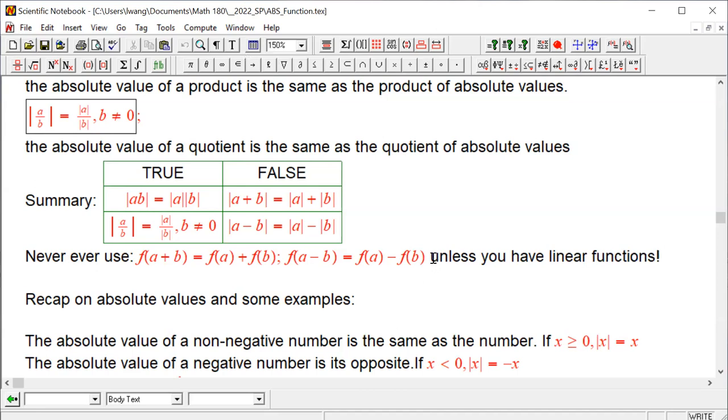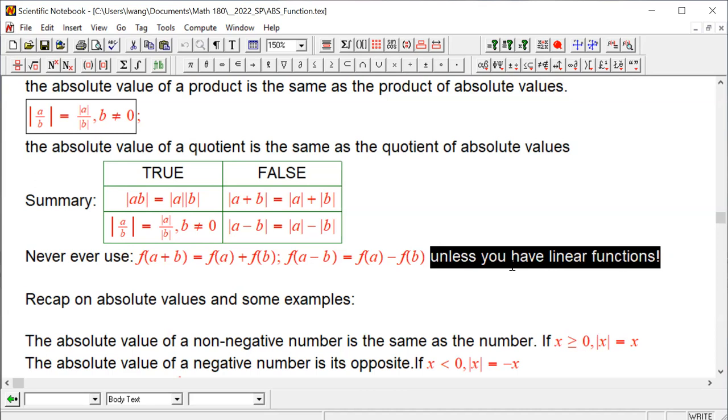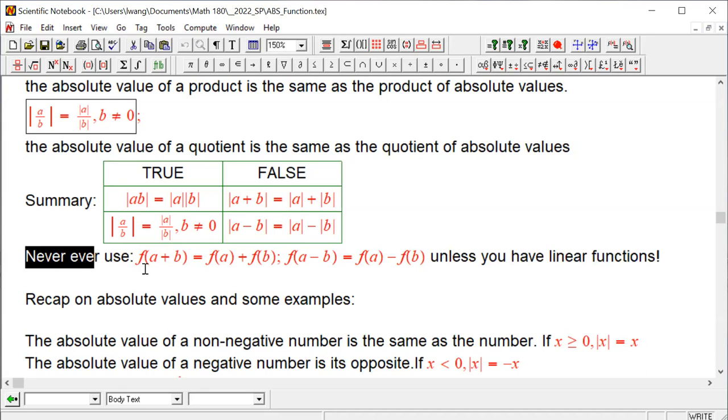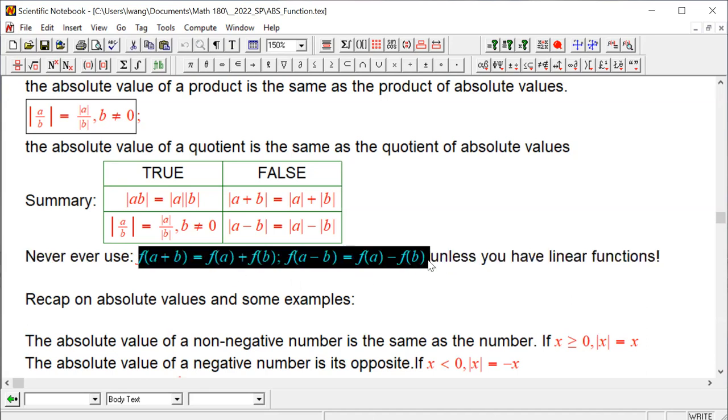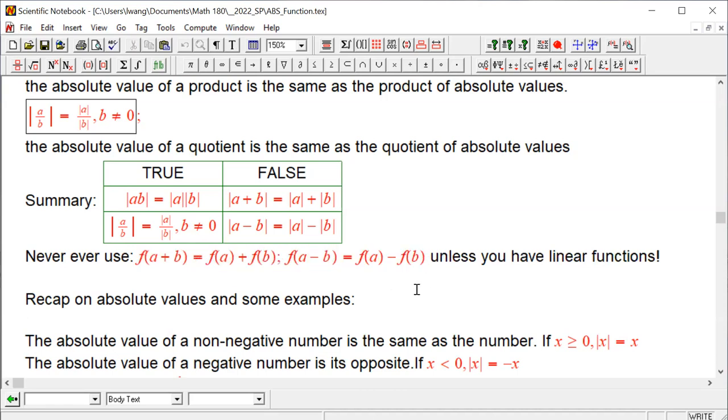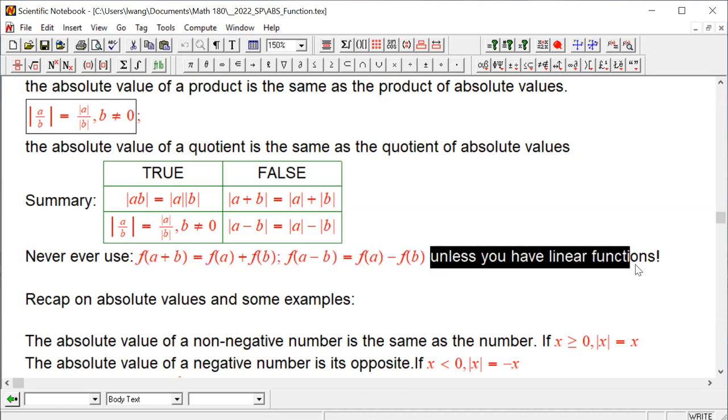I'm going to leave this here, but of course this needs to be explained, and we will explain this in the future. But the absolute value function is a perfect example to illustrate that these are not true. So don't use them, unless they're linear functions. I'm not going to elaborate on that now.